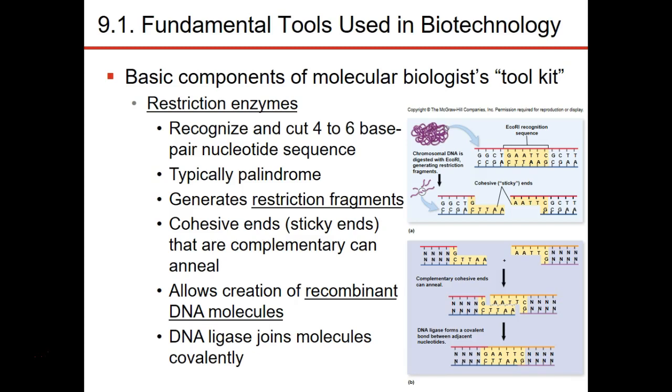Restriction enzymes are enzymes produced by bacterial cells for the specific purpose of protecting them from bacteriophages. So they're basically the immune system of a bacterial cell. They cut all DNA, any DNA, it does not matter, at specific regions that they recognize.